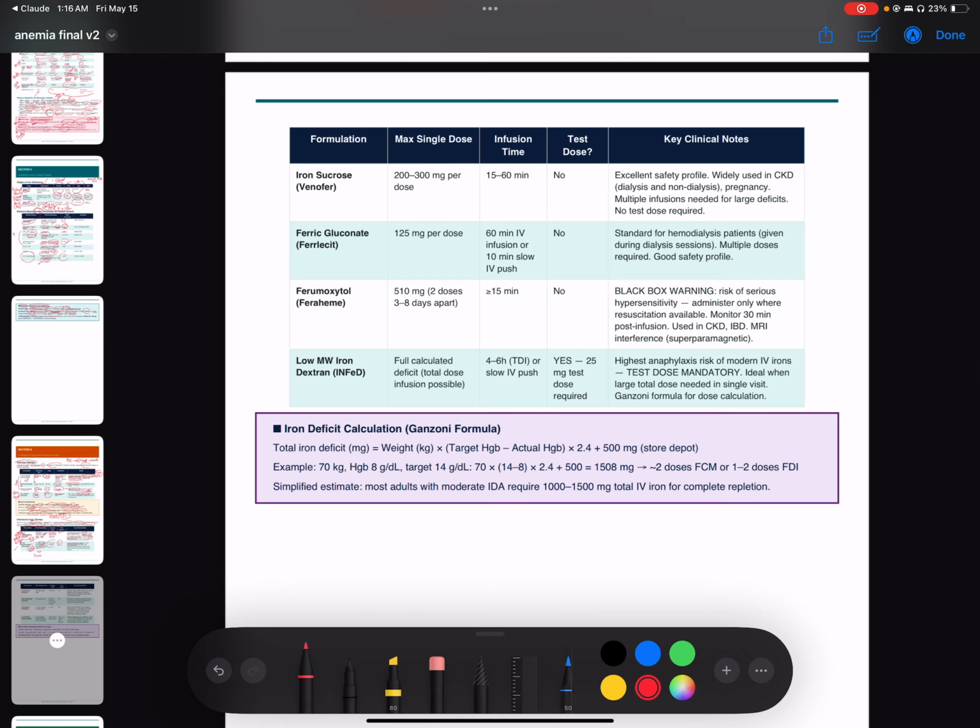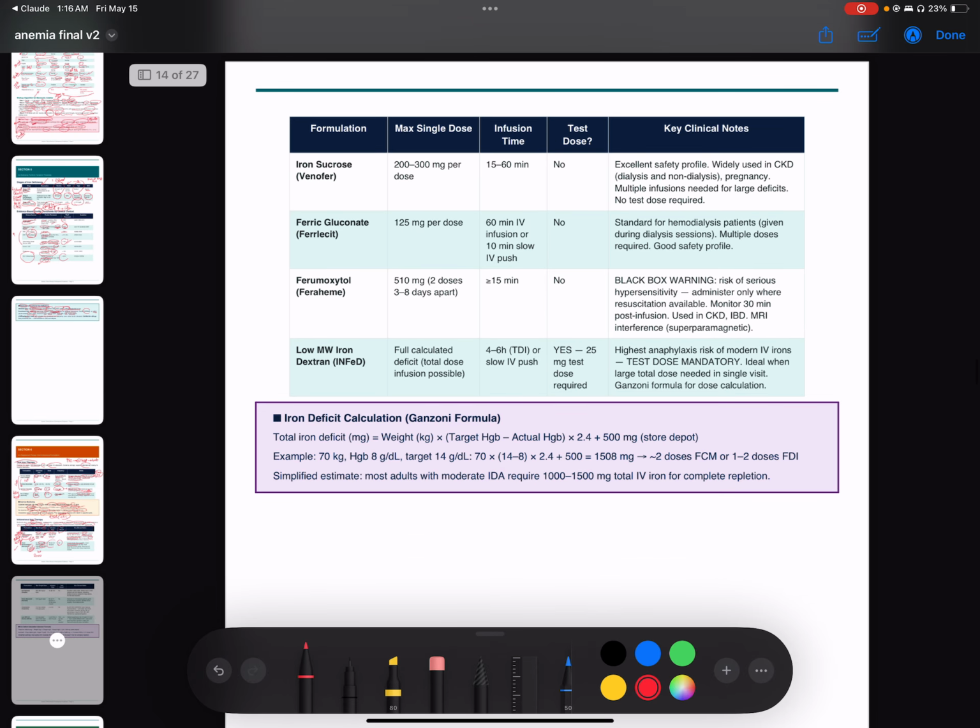Next one is iron sucrose, where we went from 1500 and 2000 in FDI to 200 to 300 as a dose in iron sucrose. Usually you give 5 doses and it lasts 15 to 60 minutes. So this will be good for inpatient, right? Because if the patient is staying for 5 days or more, you can give just the iron sucrose.